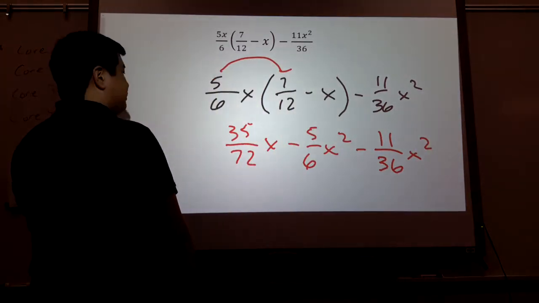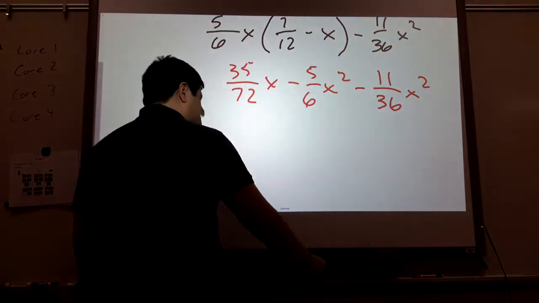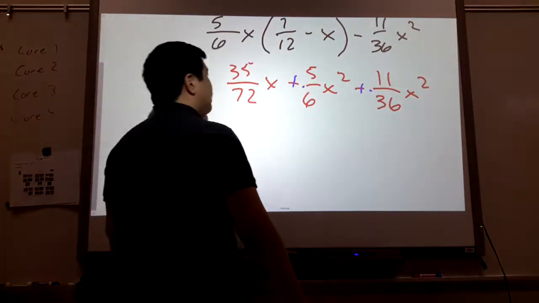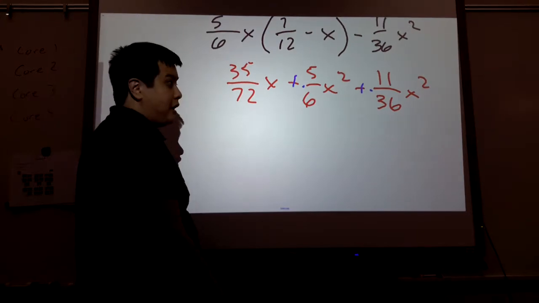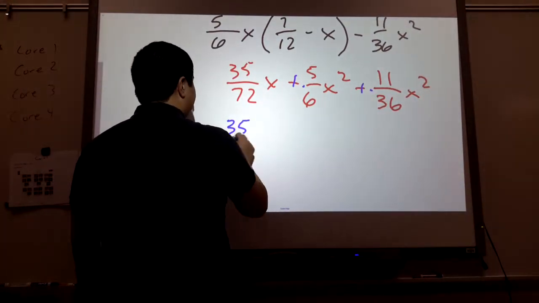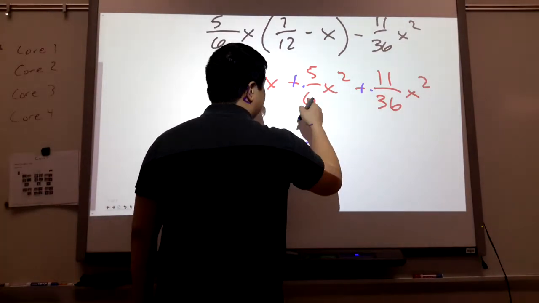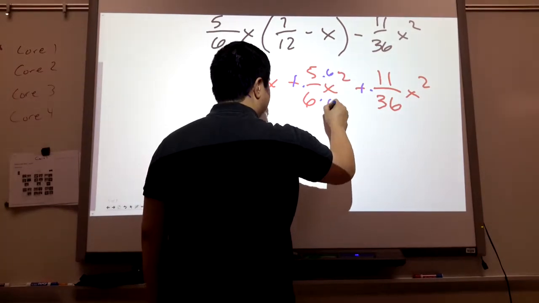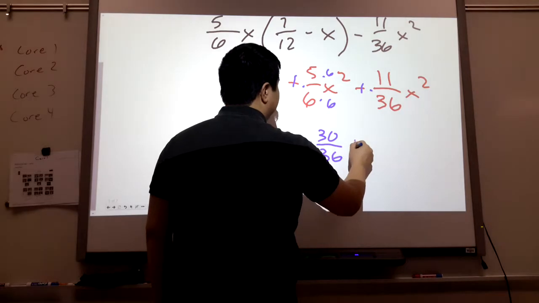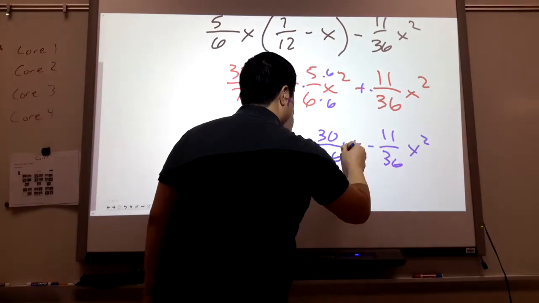We are going to have to combine like terms here because we have a like term right here and a like term right here in our trinomial. So we're going to make this addition of the opposite and addition of the opposite. We're going to change this to have a common denominator with this, which our common denominator is going to be 36. 35 over 72x plus negative, multiply this by 6, multiply this by 6, we get 30 over 36 plus negative 11 over 36 x squared.